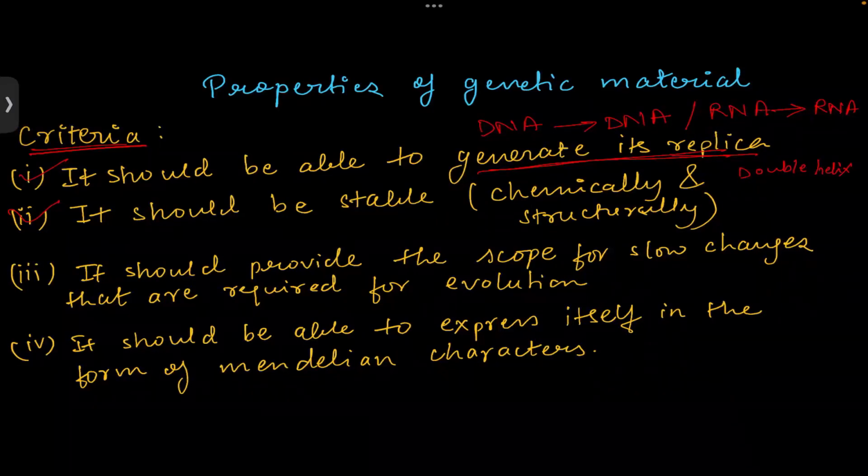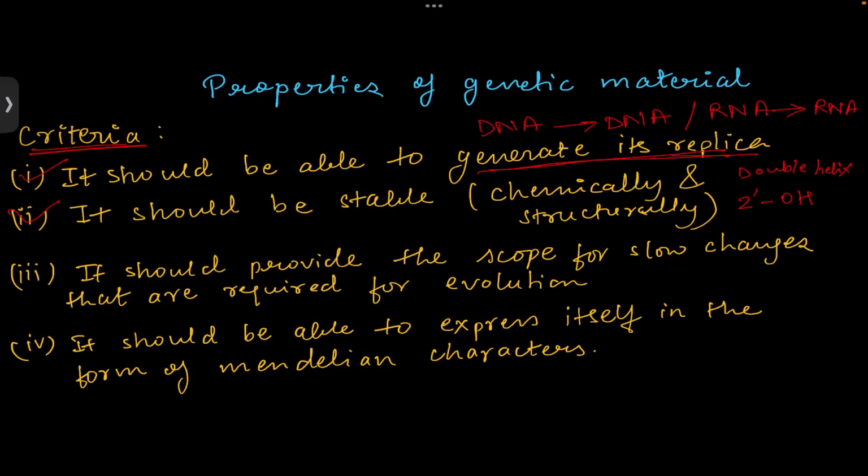Now, what about chemical structure? We know RNA contains ribose sugar and DNA contains deoxyribose sugar, right? And if you recall, in the ribose sugar there was an OH group at the 2' position. Because of this particular feature, RNA is structurally and chemically more unstable. It is very reactive in nature, whereas DNA is not that reactive.